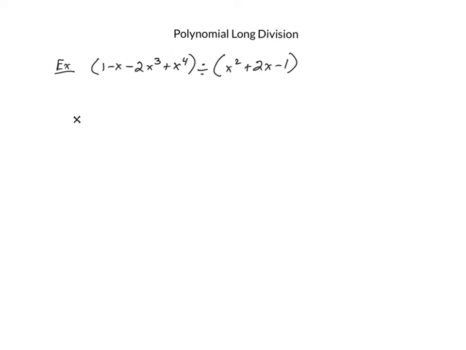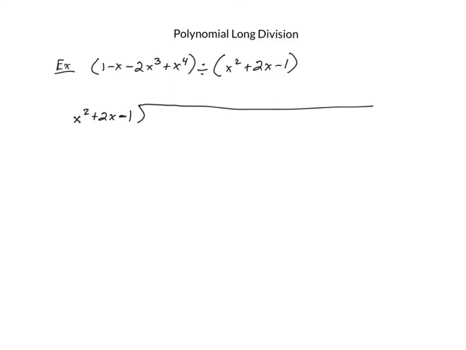So I have x squared plus 2x minus 1 as my divisor. And the dividend is this polynomial right here. And I'm going to rearrange it. I'm going to write it in standard form with my term of highest degree written first, and write it in descending powers.